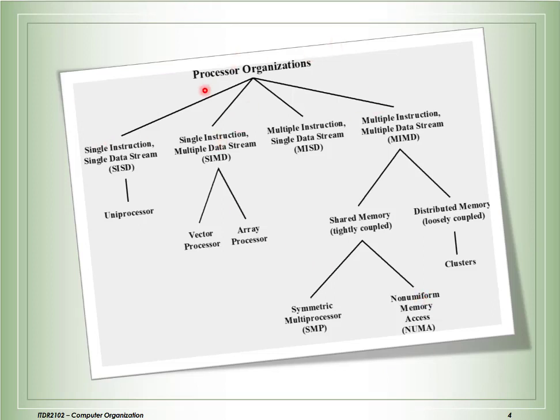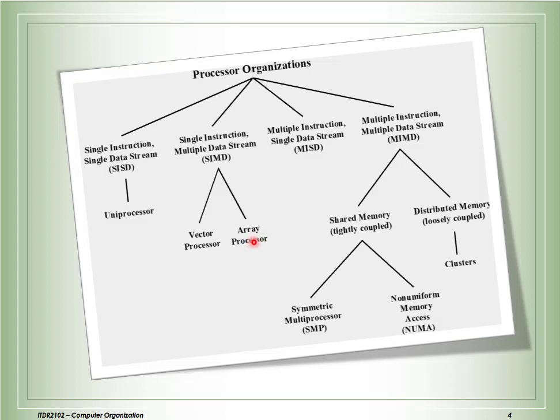Here again you can see this classification of parallel processing: single instruction, single data is the uniprocessor, and single instruction, multiple data stream examples are the vector processor and array processor. A vector processor includes multiple pipeline modules with the arithmetic logic unit, whereas an array processor includes multiple arithmetic logic units which may or may not include the pipeline concept.